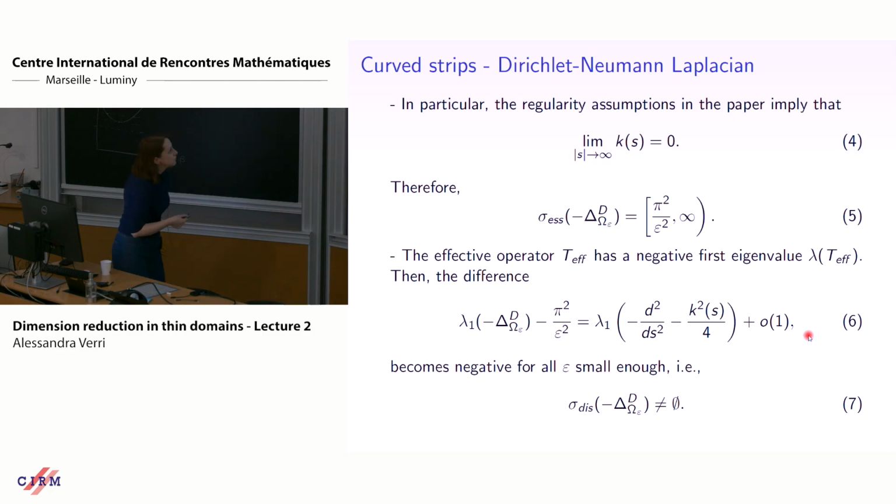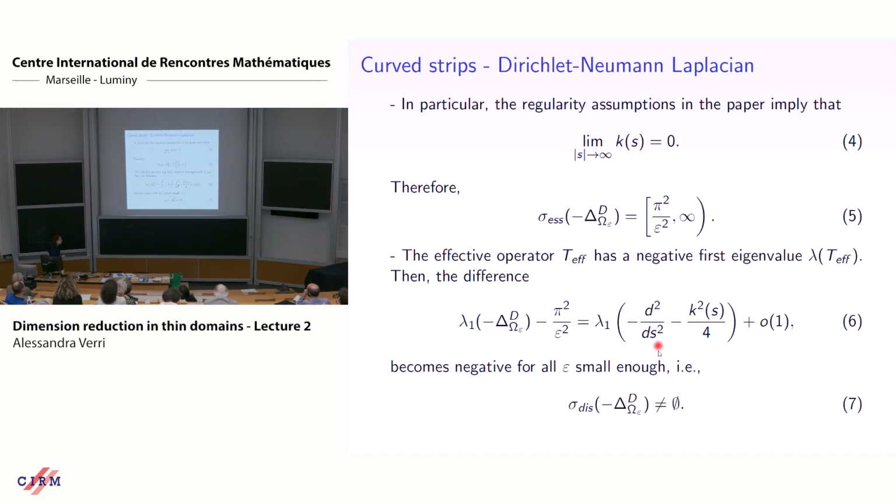If you fix j equal 1, the asymptotic behavior tells us that this equation holds, and since lambda 1 of the effective operator is negative, this difference will be negative.